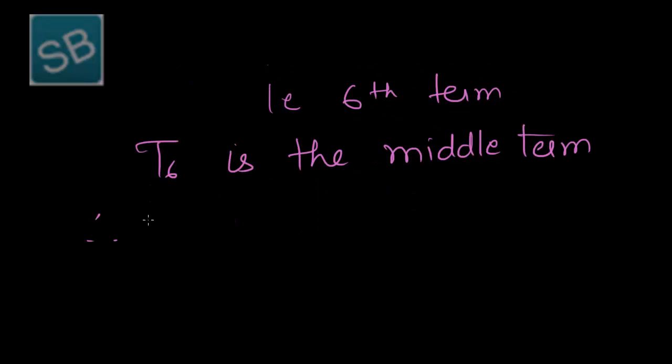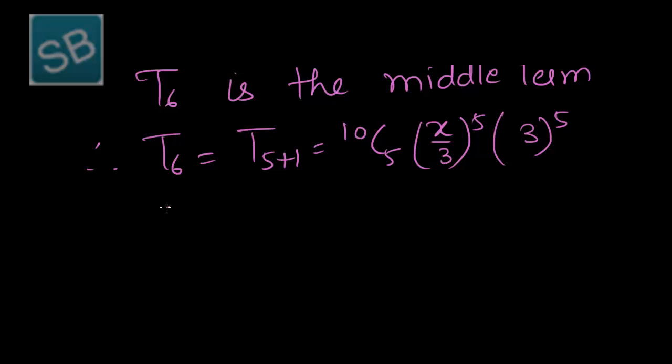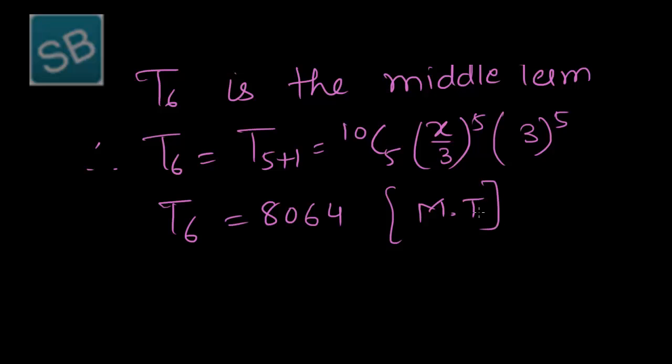Therefore, T6 means T5+1, that is 10C5 a raised to power 5 b raised to power 5, and this T6 is also equal to 8064 because it is the middle term.